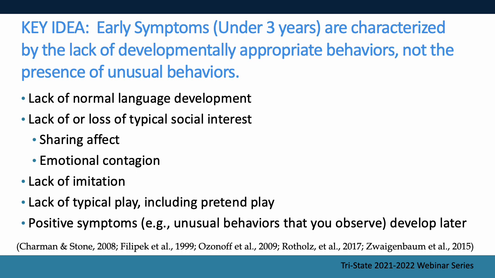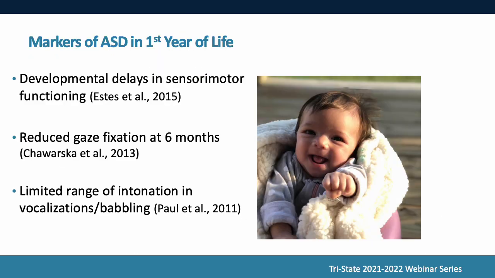So girls may show some strengths in early imitation and yet still present with full autism spectrum disorder later on. In the early childhood years, there's usually a lack of typical play development, some difficulties putting together complex play schemes, and a tendency to have limited or absent pretend play. And as we mentioned, the positive symptoms tend to come later. So let's look at each year of these first 3 years of life and see what the research can tell us.